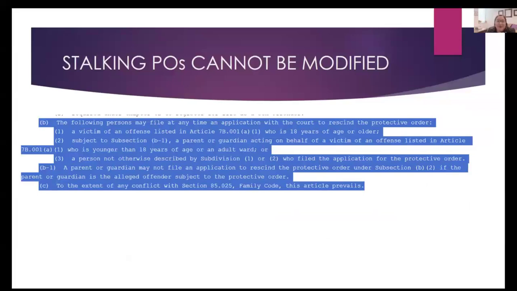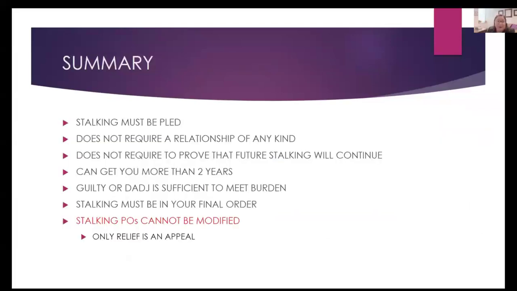And stalking protective orders cannot be modified. The only person that could modify would be the applicant, who would make that motion to the court. But other than that, unless it was overturned or appealed, you would have that protective order in effect for the duration that it was granted for.